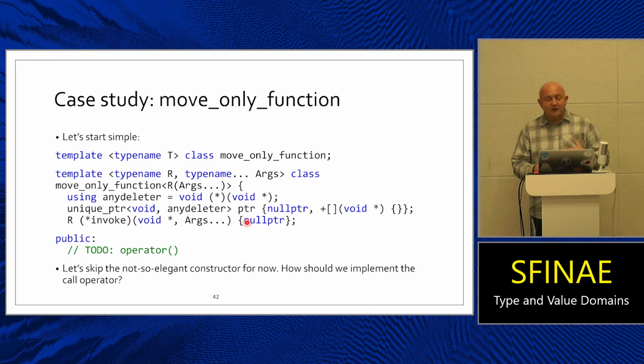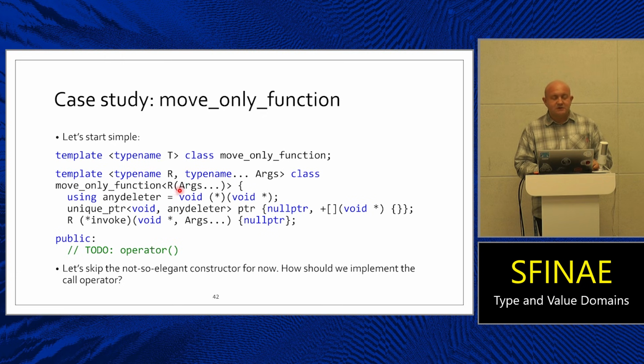How do we actually implement this? How can we do it so that it calls the stored function with the given arguments, like this args? This is the primary template, and this is a partial specialization with return type and arguments of function type.